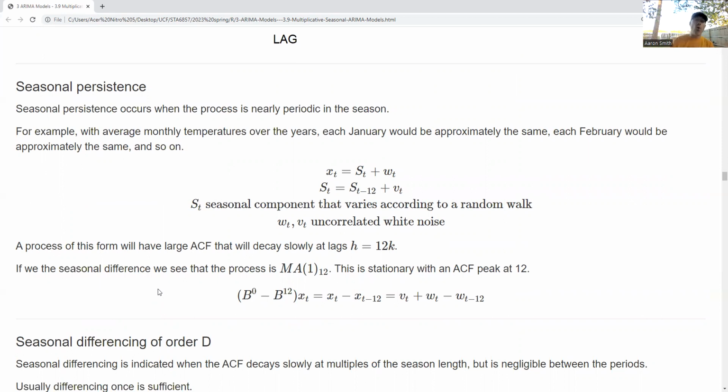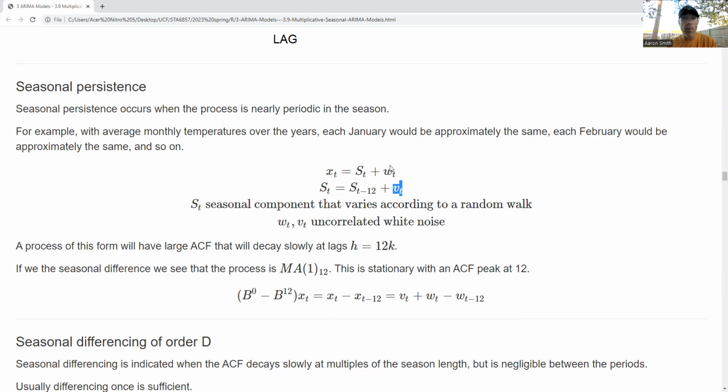And so we're going to model this as x of t is equal to the seasonal component that varies according to a random walk plus white noise. Here, my seasonal component is going to be the last value of the seasonal component, from a year ago, plus that random walk aspect.